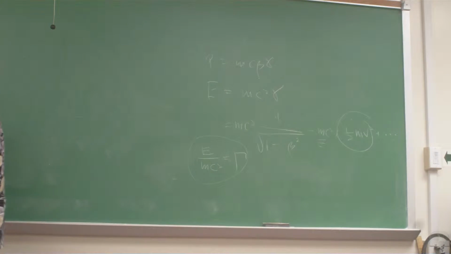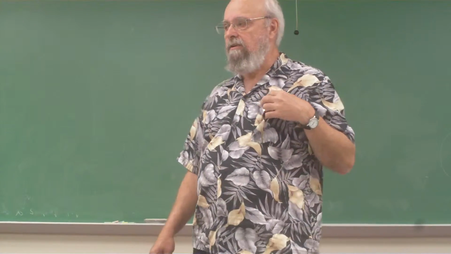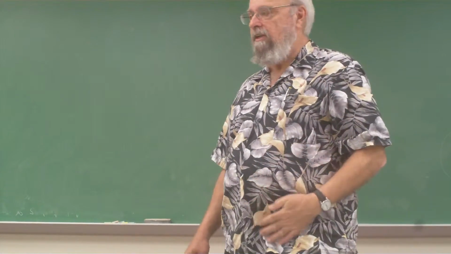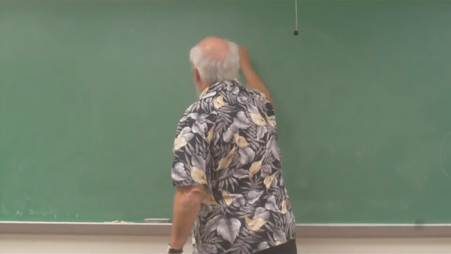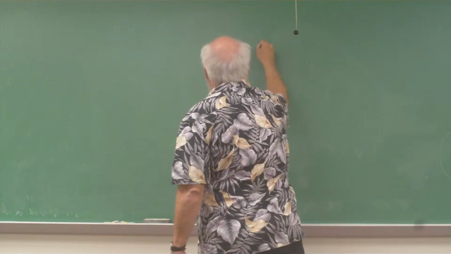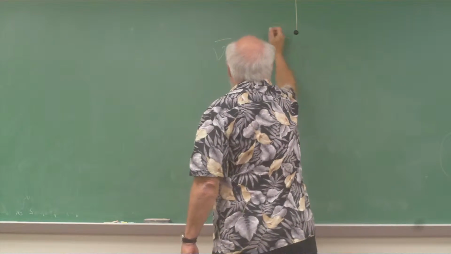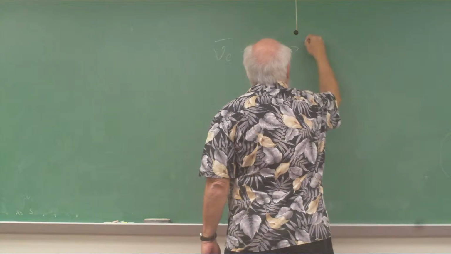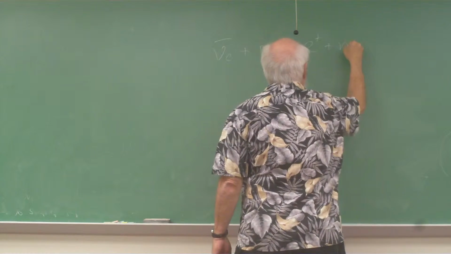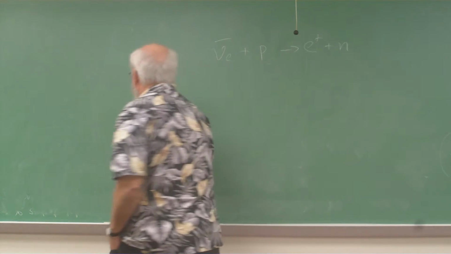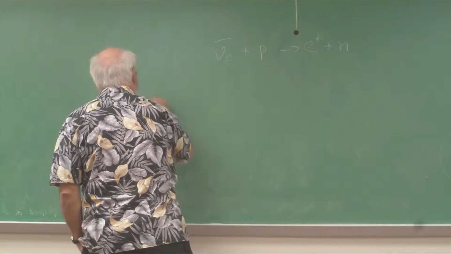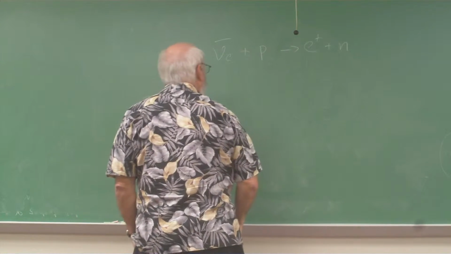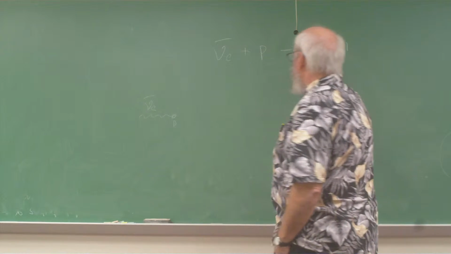So let me tell you a practical example of this that we're working on in the lab over here. We're making this little detector, a mini time cube, for detecting antineutrinos. What we're looking for is the reaction antineutrino plus proton goes to a positron plus a neutron. So in comes the neutrino unseen, whacks a proton, and this antineutrino produces the positron.